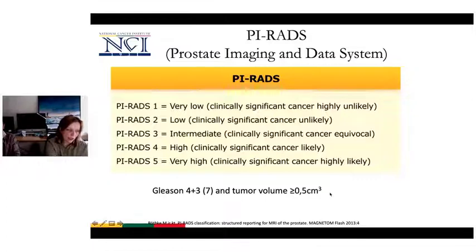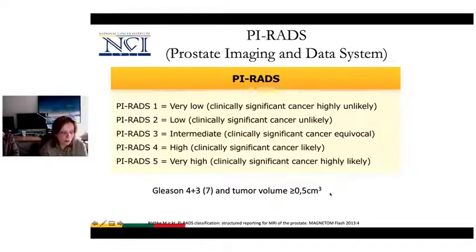If we have PI-RADS 1, we have a very low probability of clinically significant cancer. If we have PI-RADS 2, it's low. PI-RADS 3 is intermediate, and PI-RADS 4 and 5 are very high, likely to have a significant cancer.